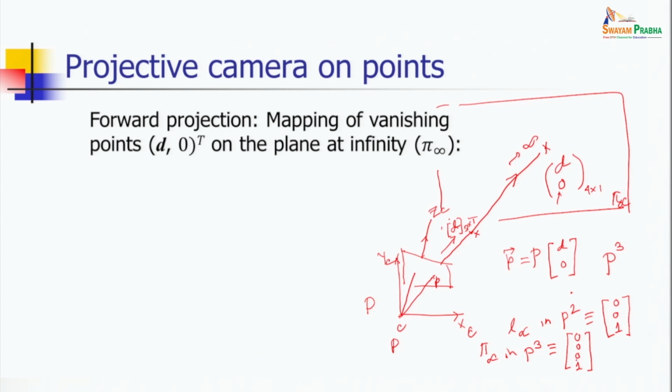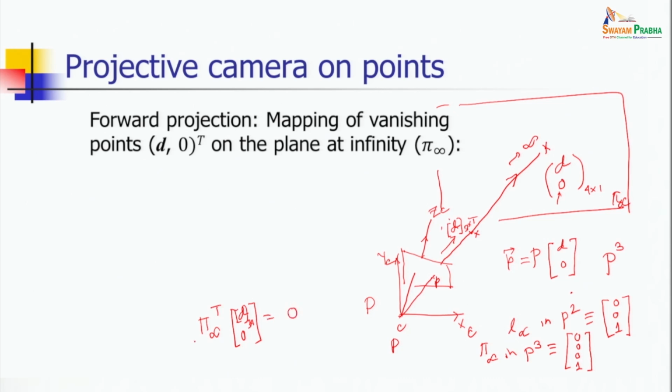If I take any ideal point or any vanishing point in the form of D0, where D could be any arbitrary direction, a 3×1 column vector, then if I take the point containment with the plane at infinity, we will find that this is equal to 0.